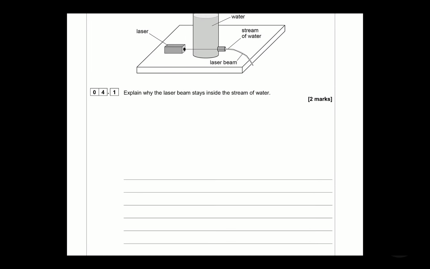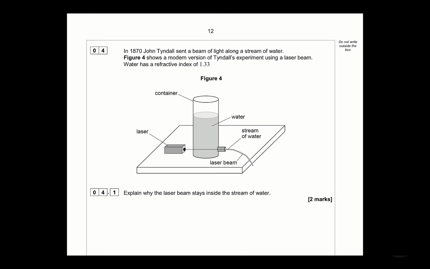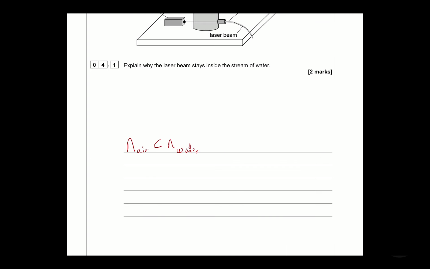What we're going to first say is that the N of the air is less than the N of water. So the refractive index of water is quite a bit higher than that of air, 1.33 versus 1 for air.